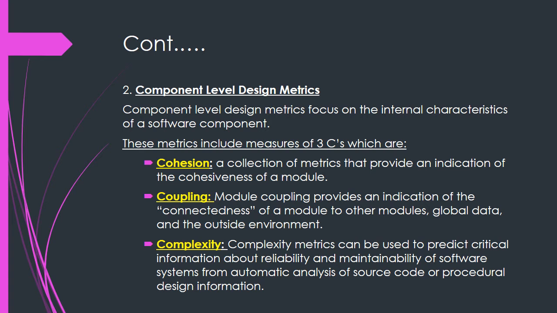And complexity is used to predict critical information about the reliability and maintainability of a particular software system, and how complex the structure will be. So cohesion should be high and coupling should be low for a good program design.